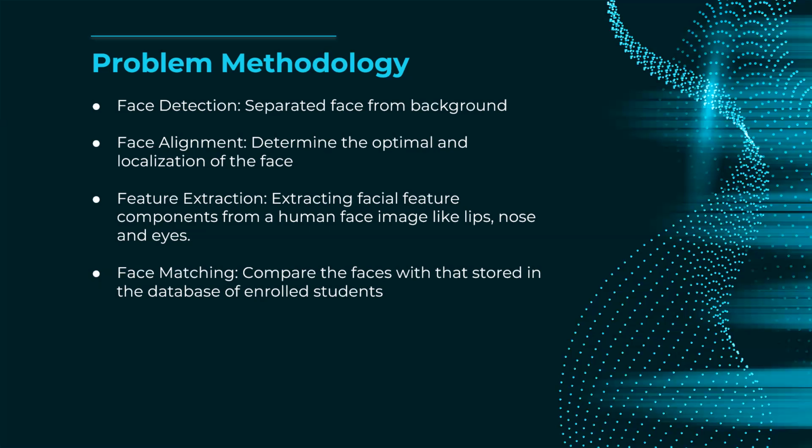And the last process of the methodology is face matching. In this process, it will compare the faces of the students with the existing database of students. If the faces match, it will mark those students as present, or else it will store those faces in a different database.